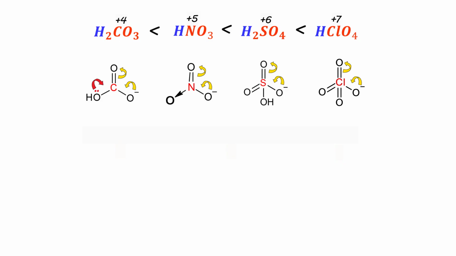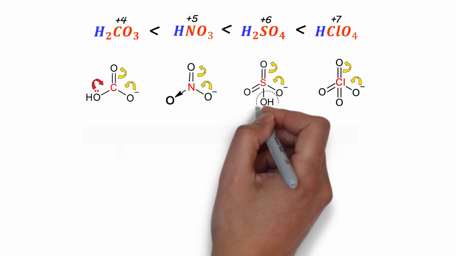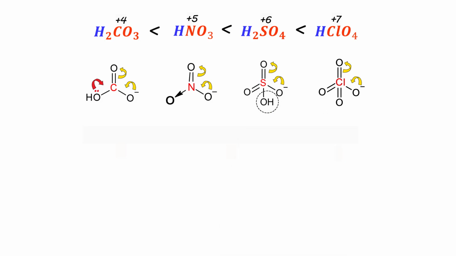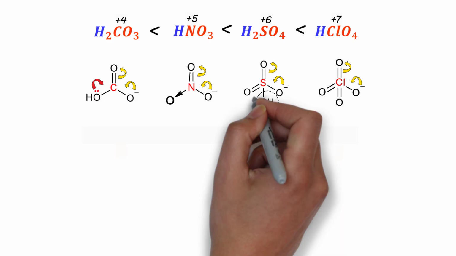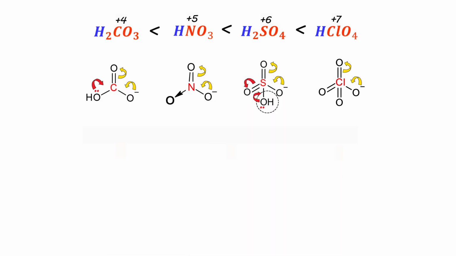This competition leads to less stabilization of bicarbonate ion, thereby leading to lesser acidic strength of carbonic acid. The same competition you can question in bisulfate, but the lone pair on oxygen there can be delocalized onto the next doubly bonded oxygen and it won't interfere with the normal delocalization.